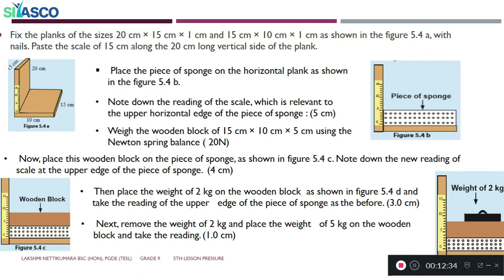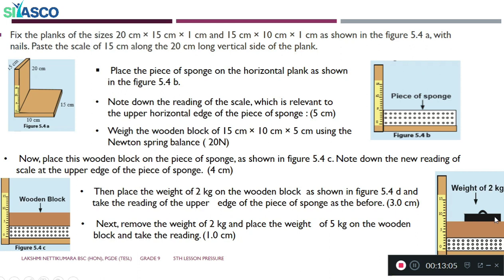Whether you will see the same height as shown here, or will it shrink more? Yes, it is obvious that when you put more force, because of the pressure created due to this force, the sponge will shrink. So the height of this sponge I took as 3 centimeters.